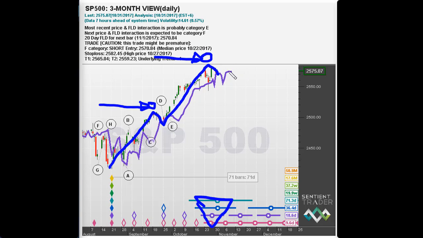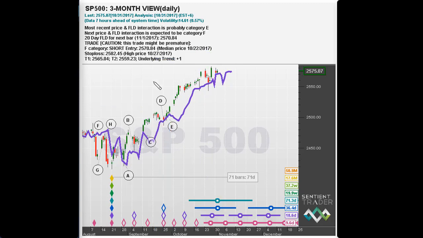The other reason we know that this market is bullish is because price has not come down very much to form first the 40-day cycle trough over here, and it came down over here to potentially form an 80-day cycle trough, and it didn't come down very much. So that is by definition a very bullish market. Now, when a market is very bullish, then of course the sequence of interactions between price and the FLD becomes distorted.